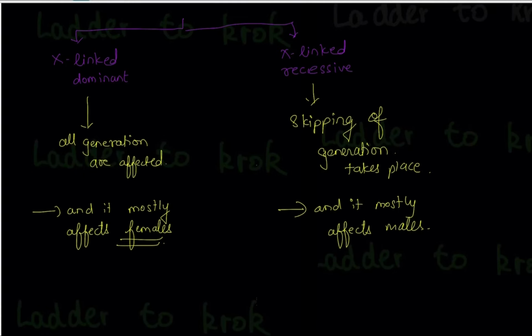Let's look at how this is possible, okay? So draw the diagram which I am drawing. So X-linked dominant, first we'll see we have an affected father, okay? So we have XY. Here I am writing a dash on an X which indicates that the X chromosome of this father is affected, okay?